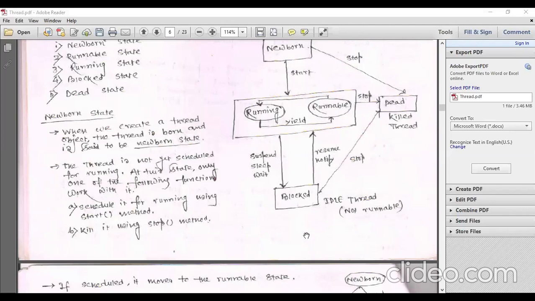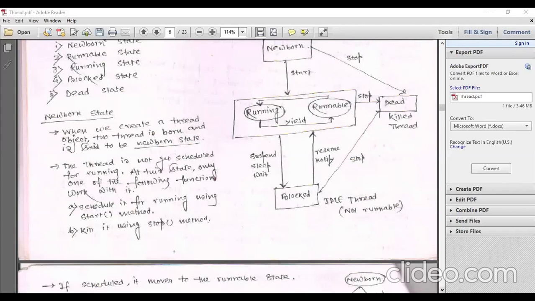And from block state also, a thread can move to the dead state. Fine. So this is the overall description of the thread life cycle. It has a newborn state, running state, runnable state, block state, and dead state.